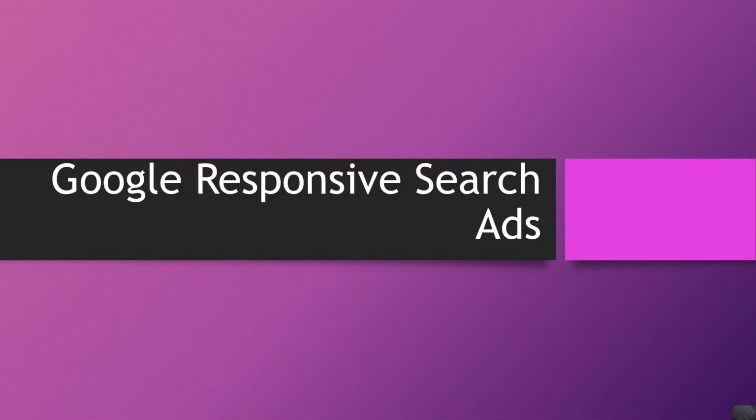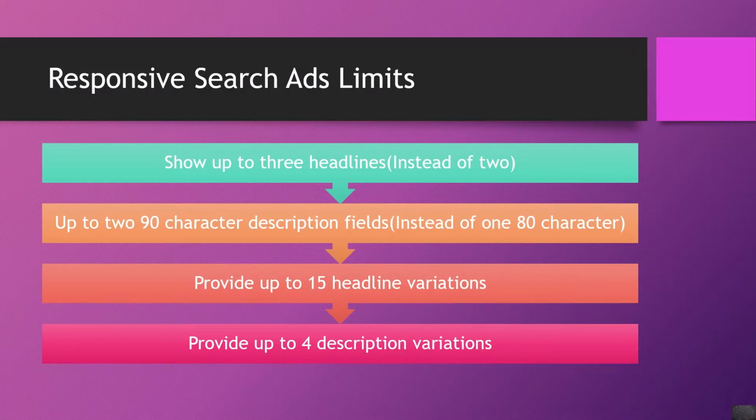So let's get started. With responsive search ads, Google has basically increased the limit. With the new feature, you can display up to 3 headlines instead of 2 headlines. In the older version, you can only show 2 headlines, but with responsive search ads, Google will show up to 3 headlines, which is fantastic.